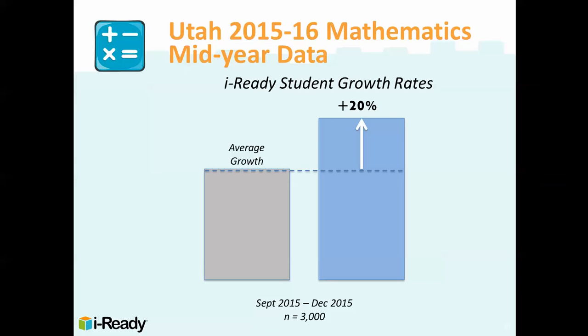But if those students were using it with 45 minutes a week fidelity, we saw that they were growing more than 20% more than their peers. Not the 65% that we saw from the national study, but also a much shorter time period. So we feel really confident, again, in telling you if you use the program, your students are going to grow and they're going to do better.